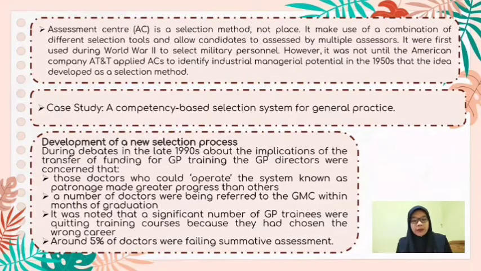On the completion of training, doctors would submit statements of satisfactory completion of training to the JCPTGP, and in return receive a certificate enabling them to practice unsupervised as a GP.